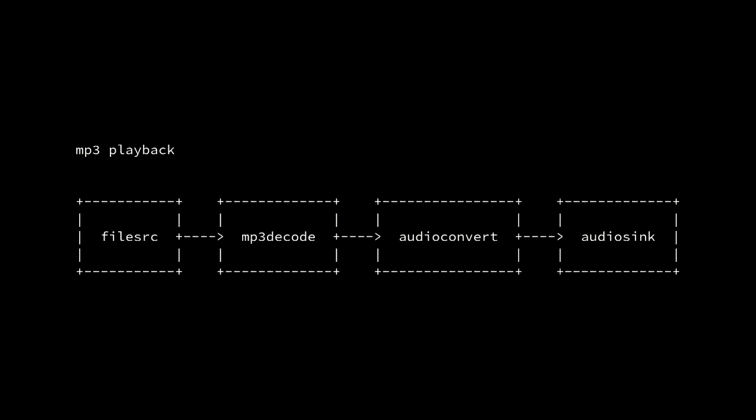So that might be PulseAudio or ALSA on Linux, or on Windows you'd use DirectSound or waveOut or whatever that is. We have support for iOS, macOS, Android as well, right? So the audio sink can be a platform dependent sink. So all of these elements put together with some additional bookkeeping is basically a pipeline, right?